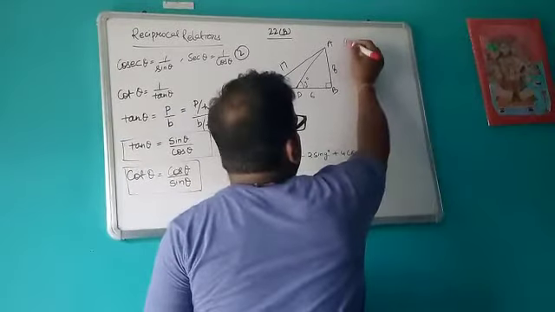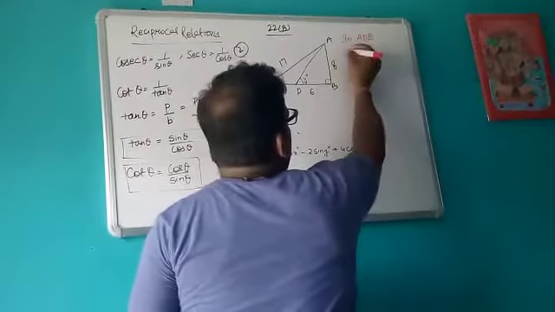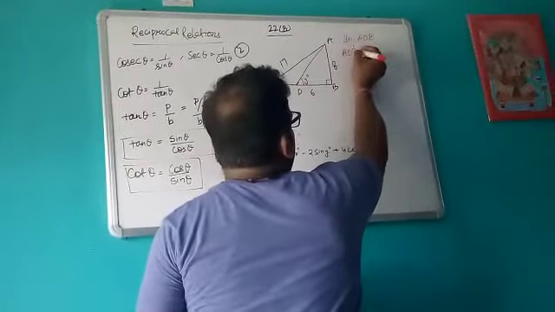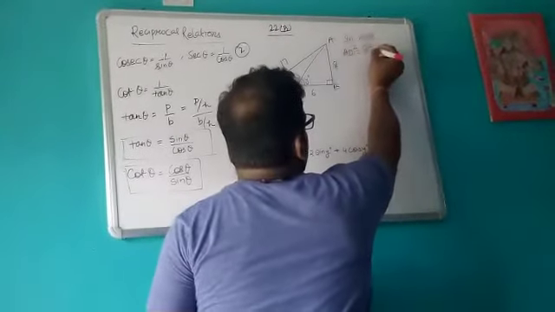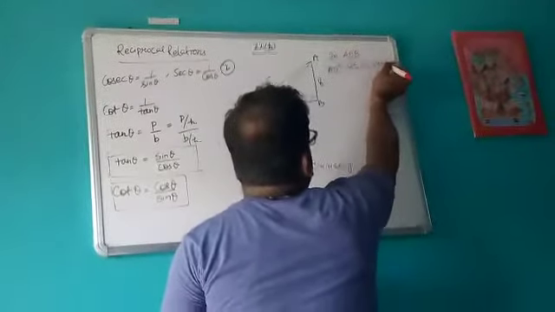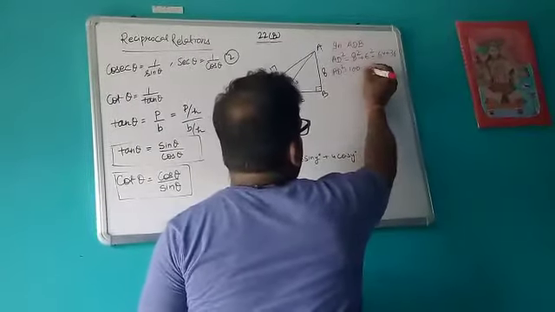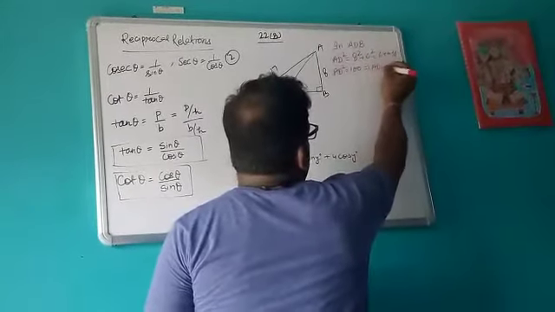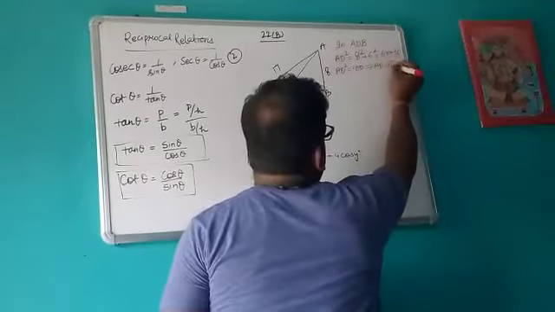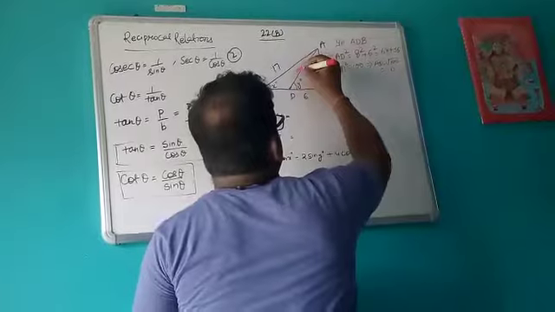So if I take this triangle ADB, in this triangle, what is AD? AD square will be 8 square plus 6 square, or 64 plus 36. So you will get AD square is equal to 100. That means AD will be square root of 100, that is 10. So that means this is 10.